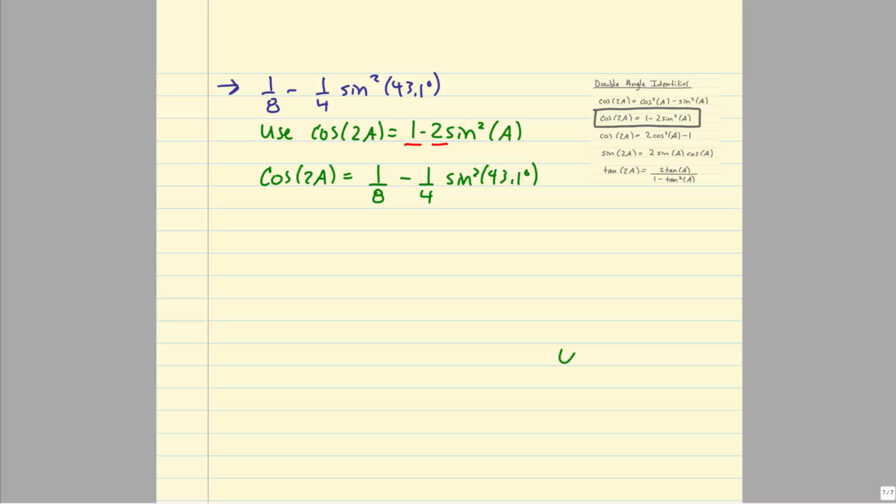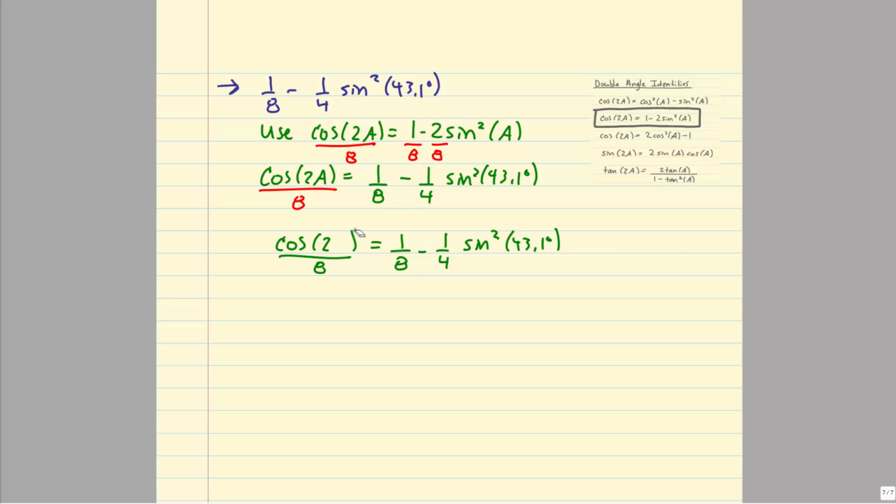I'd have to divide by what? 8. So if I divided both sides by 8, then this expression would work. I'd have 1/8 here, 2/8 is 1/4, and this would work perfect. So I'd have the cosine of 2a over 8 equals 1/8 minus 1/4 sine squared of 43.1 degrees. So then this matches perfectly.